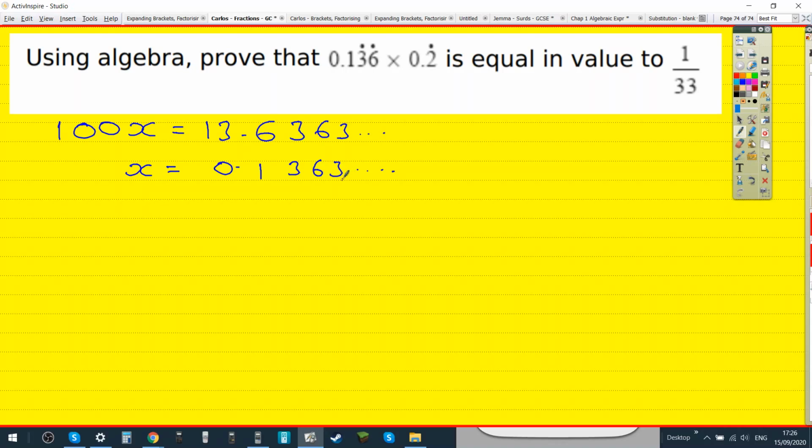And so the 3 minus 3 and the 6 minus 6 get cancelled out. Then you do 1 minus 6, which is 5. Then 13 minus 0, which is 13. And 100x minus 1x, which is 99x.